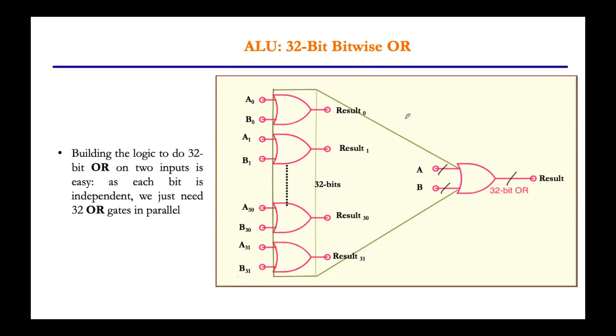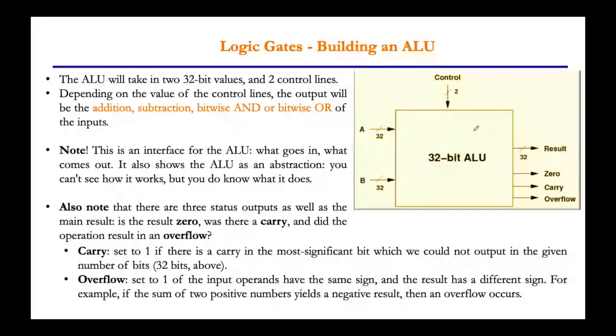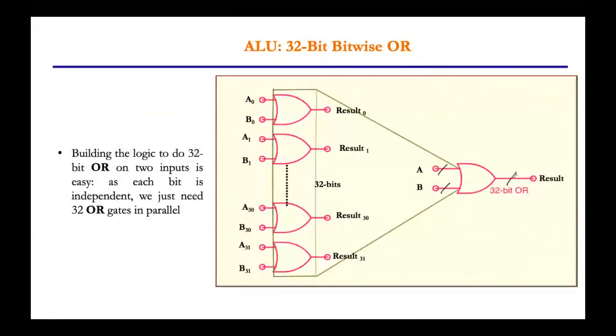So just recall this ALU which is controlling: it takes 32 A bits, 32 B bits, and gives the result. Suppose you want to build the ALU for 32 bitwise AND.